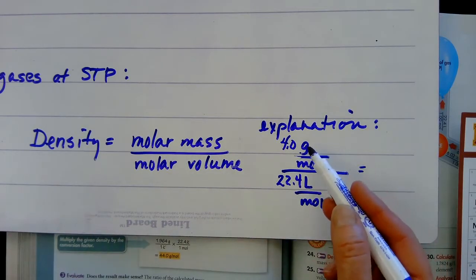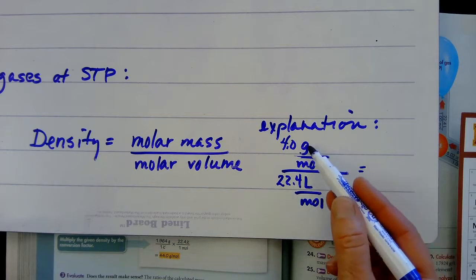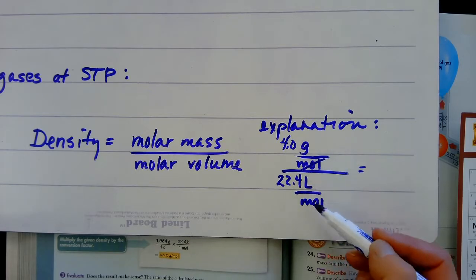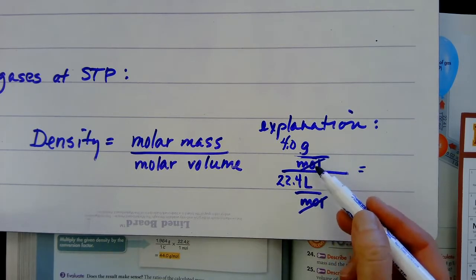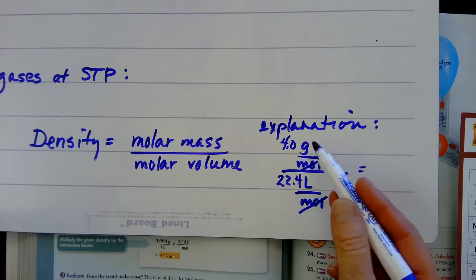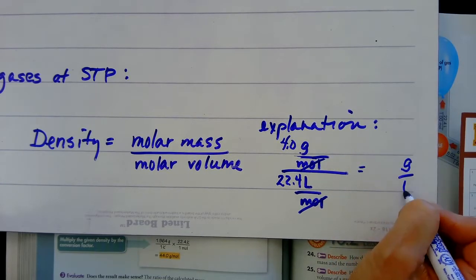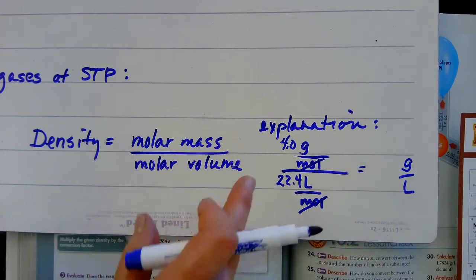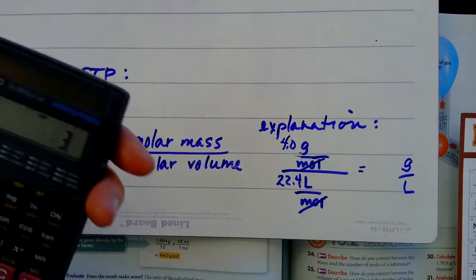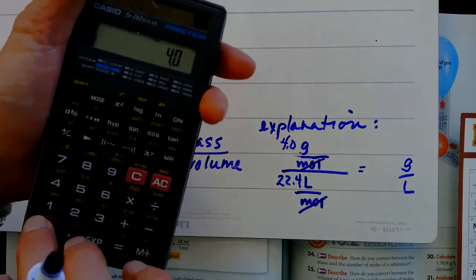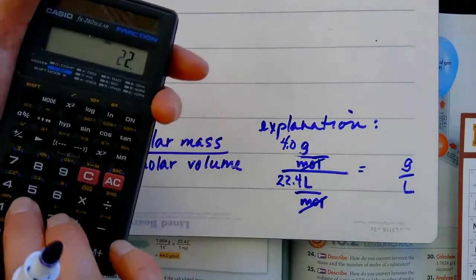In order to find the value of density in grams per liter, we can see that the per moles cancel with moles, and we could solve for this value and get a value in grams per liter for helium at STP. All we need to do is take our 4.0 divided by 22.4.